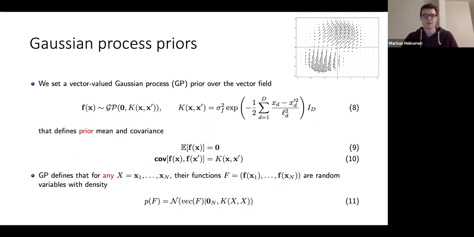A Gaussian process naturally defines that for any collection of locations in this state space, their corresponding differential functions, these arrows pointing from those places, follow a Gaussian likelihood. So we can evaluate how likely a certain combination of arrows is.